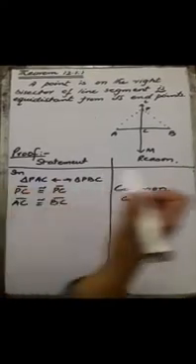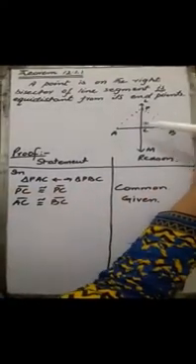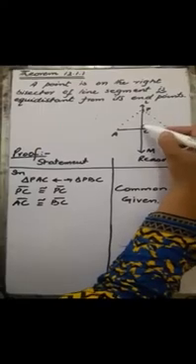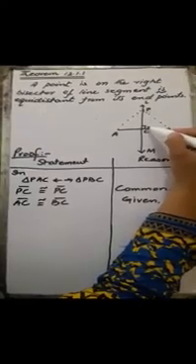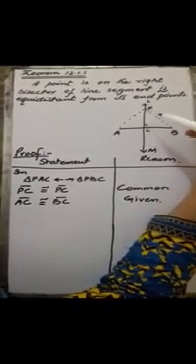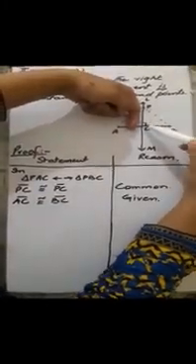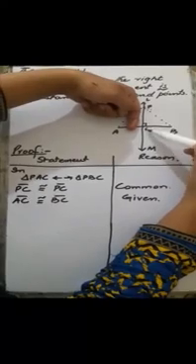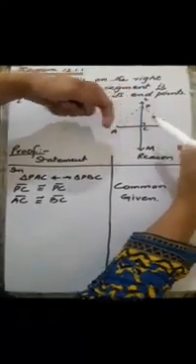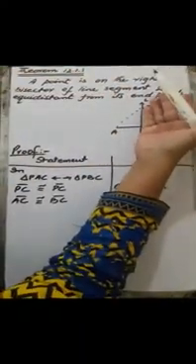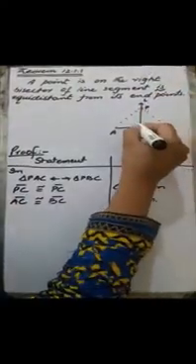Next we can see at point C that each angle at point C is 90 degrees. If we check only this triangle, you can see that the angle at point C is 90 degrees. And if we see this triangle, the angle at point C is also 90 degrees.